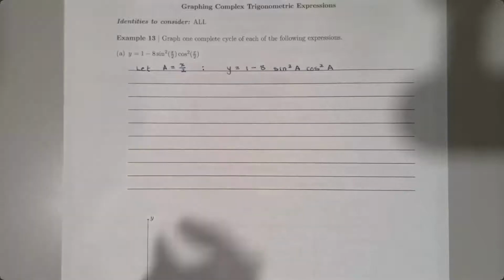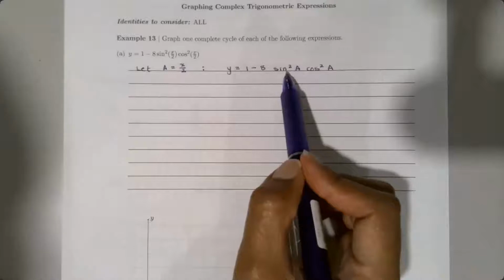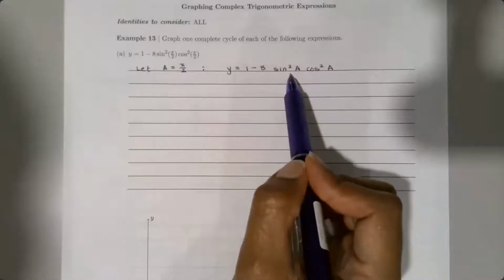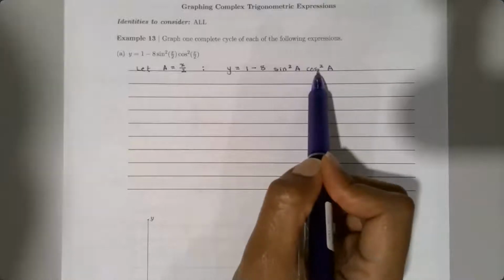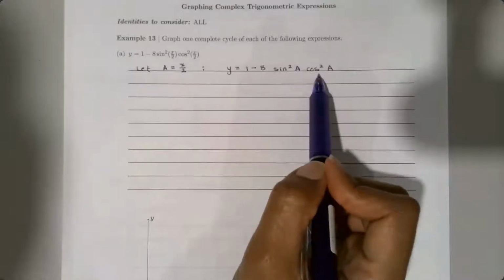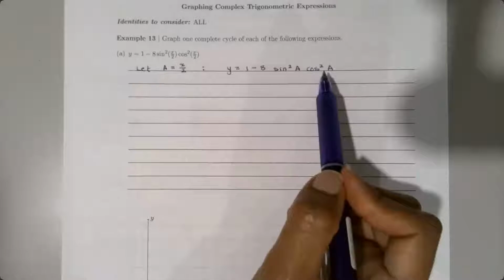Based on the problems that I've tried, whenever you have a sine squared times a cosine squared, or even just a sine times a cosine, something that is pretty helpful is the double angle formula for sine. So let me show you what that looks like.